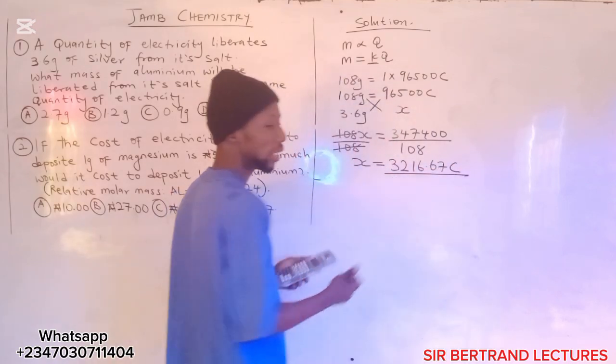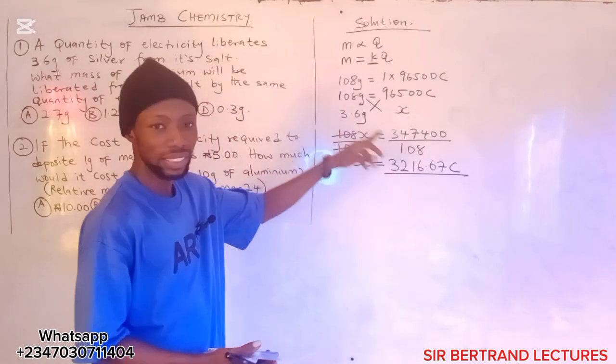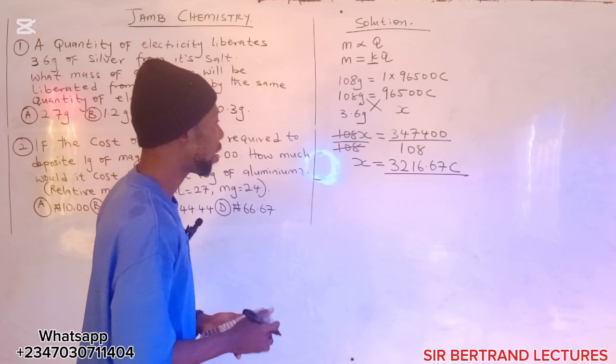This is the quantity of electricity in coulombs that will liberate 3.6 grams of silver.